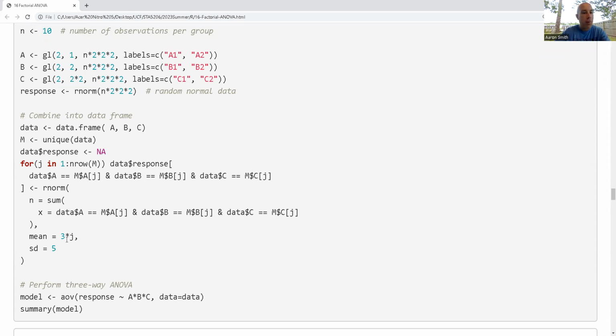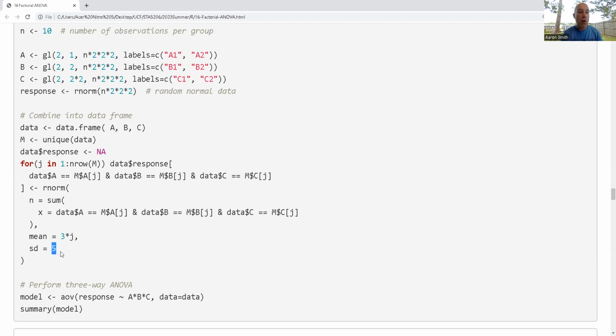All right, now something I'm doing, I'm setting it up so that we actually have different means for each of our different levels. In this presentation, the different subgroups are going to have different population averages of multiples of 3. That's what I'm doing here.